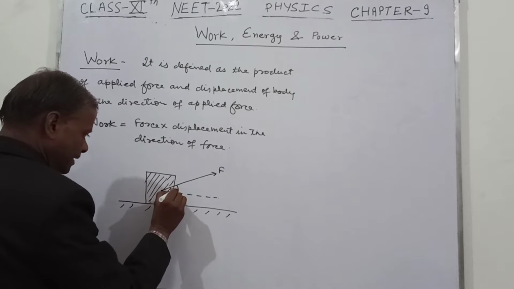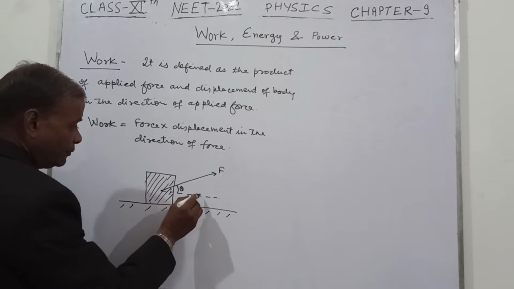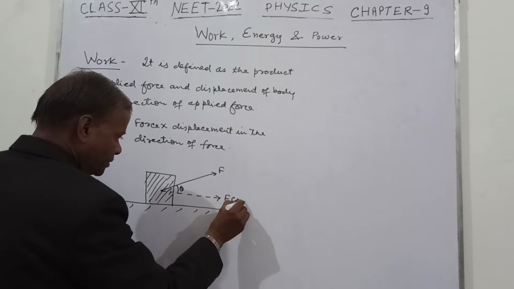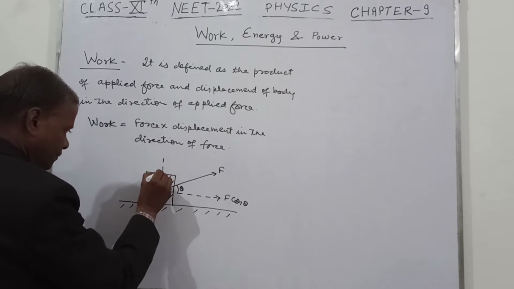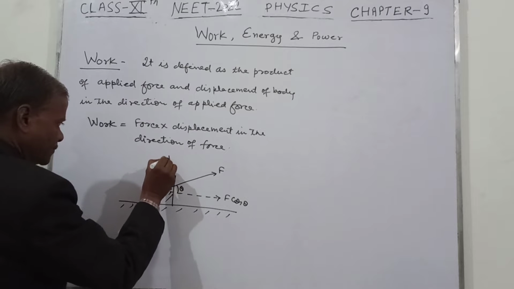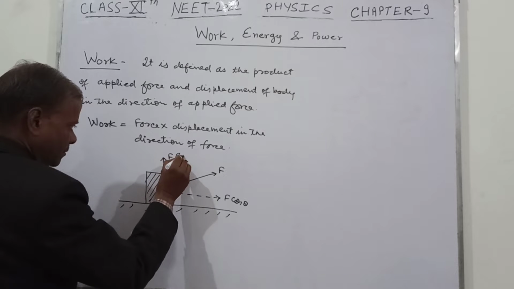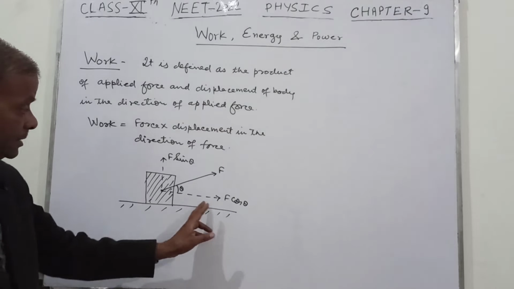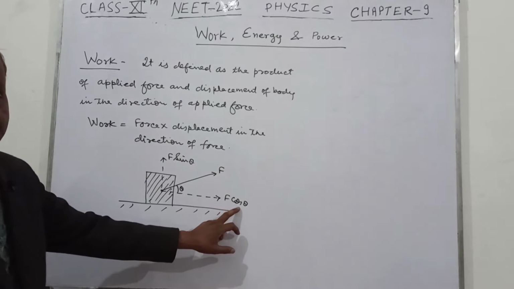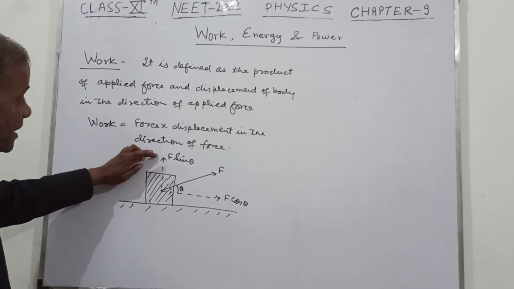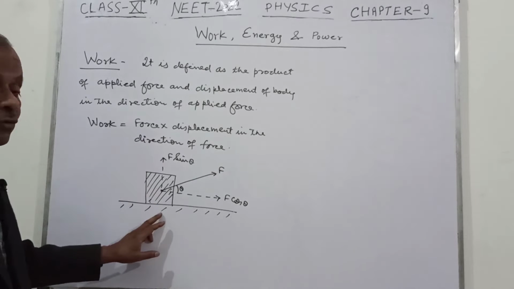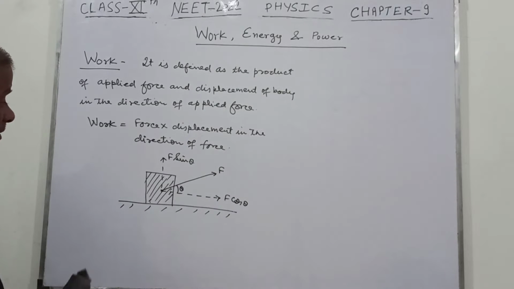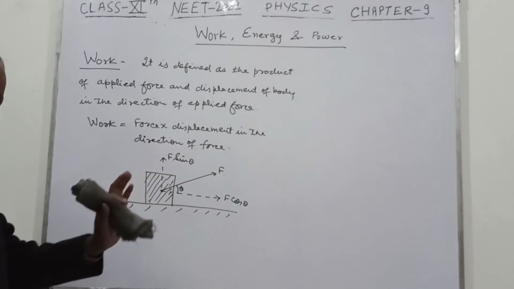Then we will have two components: F cos theta and F sin theta. The body will be displaced due to F cos theta, but F sin theta will give no displacement to the body in the horizontal direction. Let this body be displaced to a distance x.